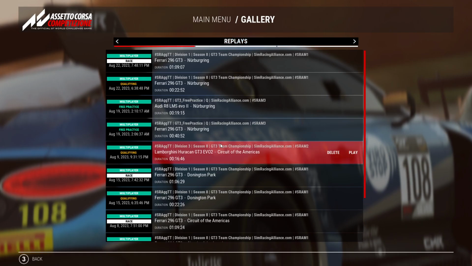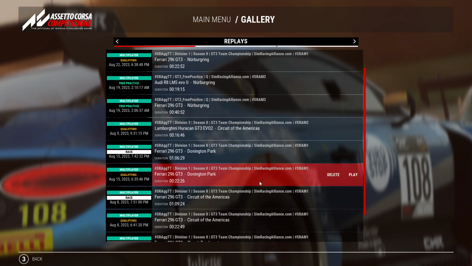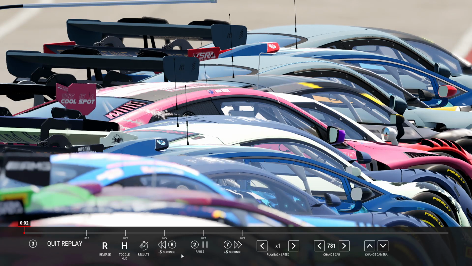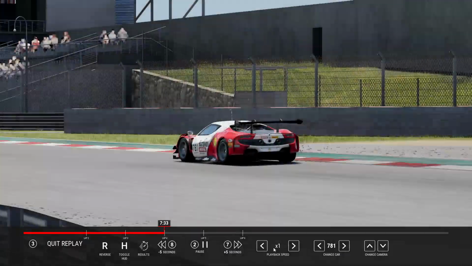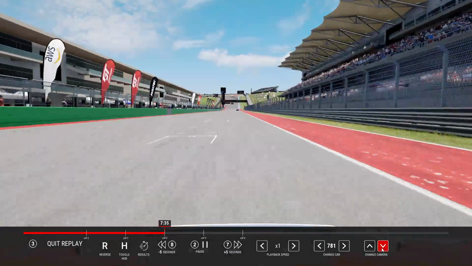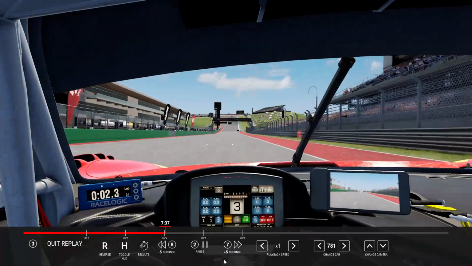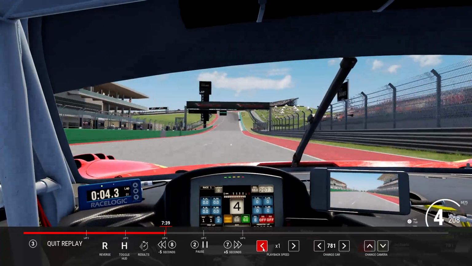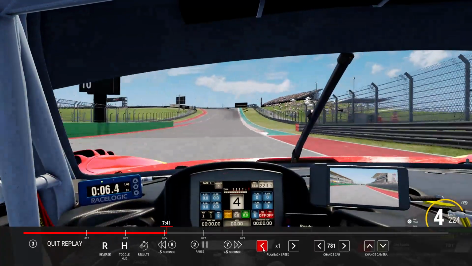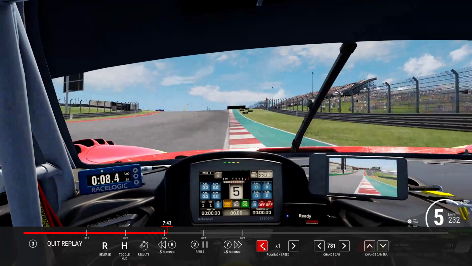Let me show you. I'm going to take pretty much the same line, same braking point.